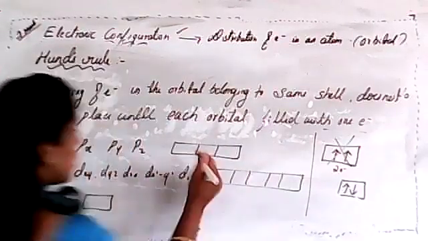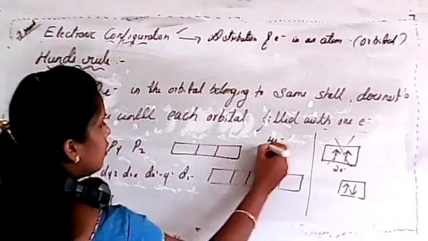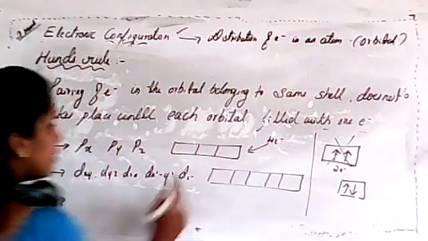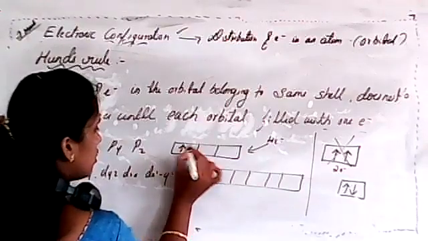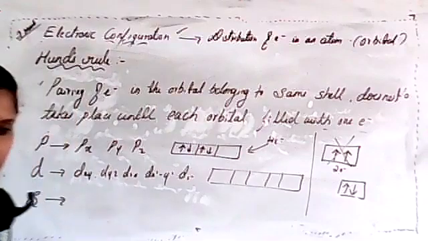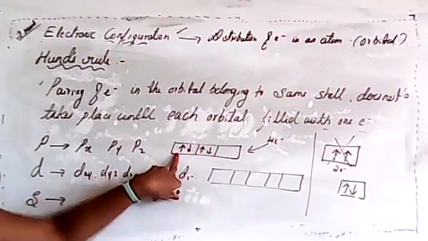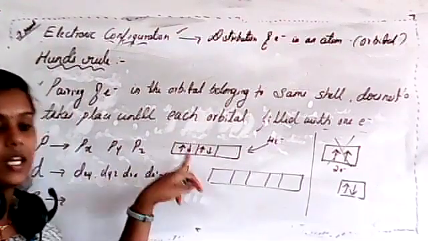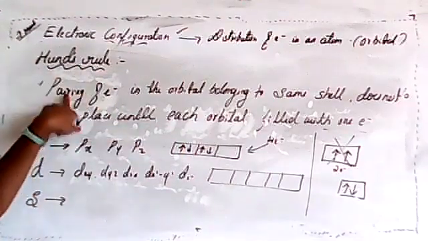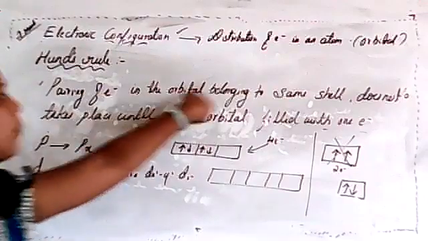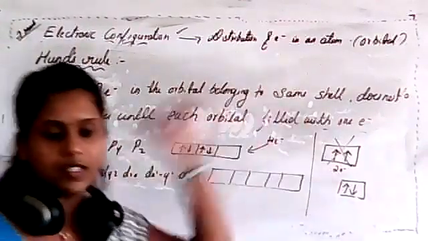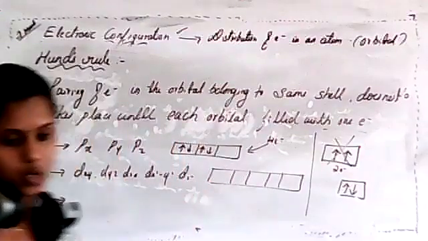So that's fine. Now there are 4 electrons I have to fill, isn't it? If I consider like that, 1, 2, 3, and 4, is this the right way to represent the electrons in the orbitals? According to Hund's rule, pairing of electrons in the orbitals belonging to the same shell does not take place until each orbital is filled with one electron.